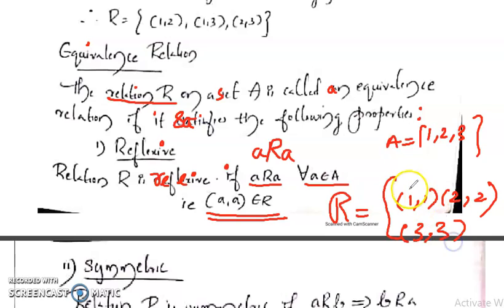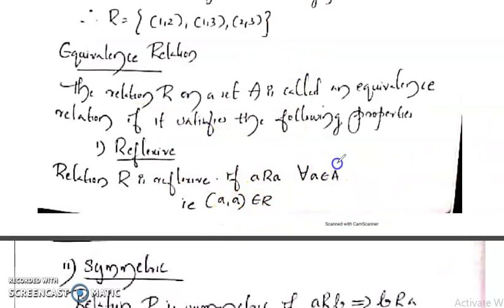What do you mean by this? 1 is related to 1, 2 is related to 2, 3 is related to 3. So that means A should be related to A. It is defined in general for every A in A, A should be related to A. Then we say R is reflexive.